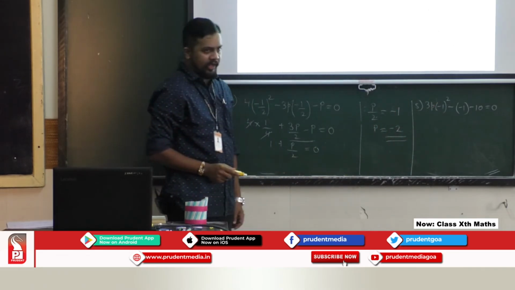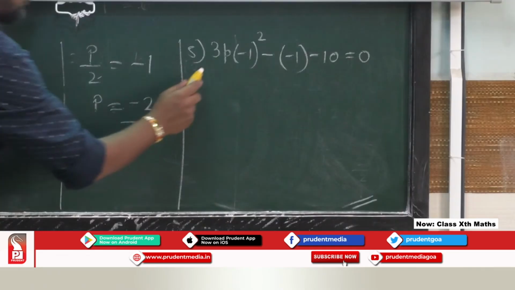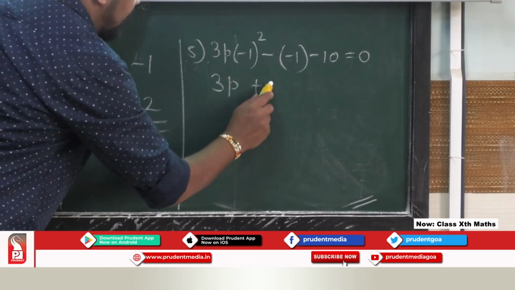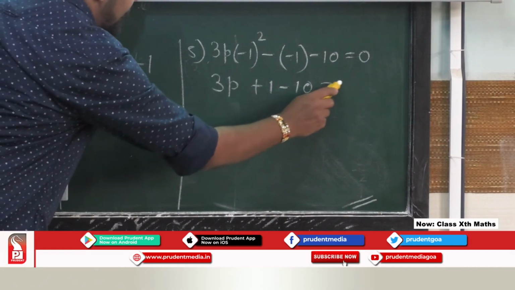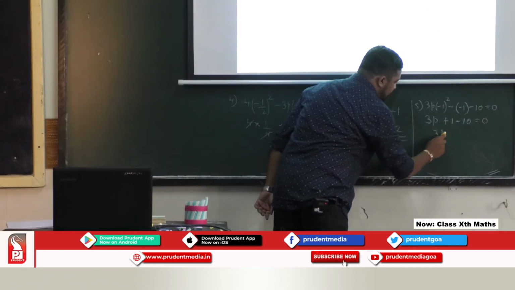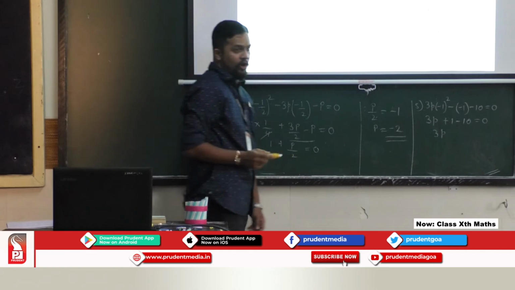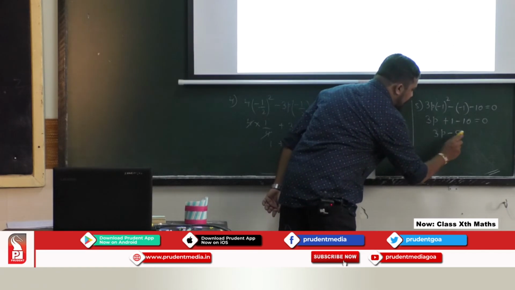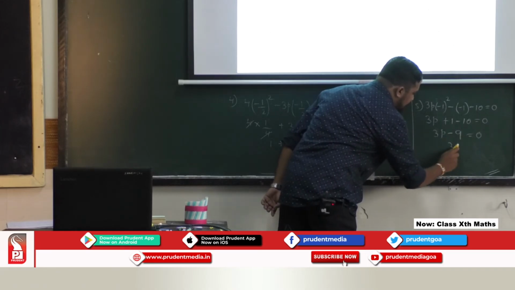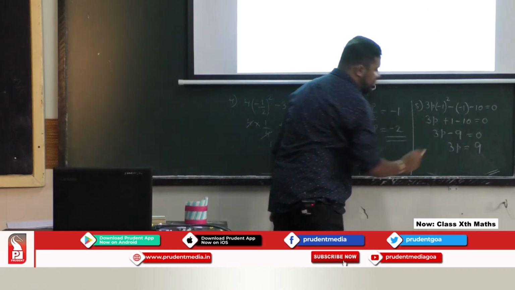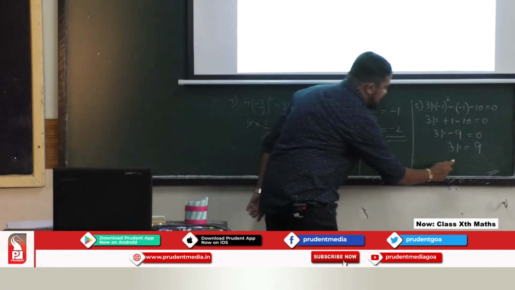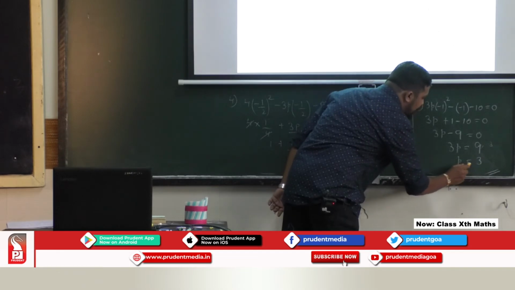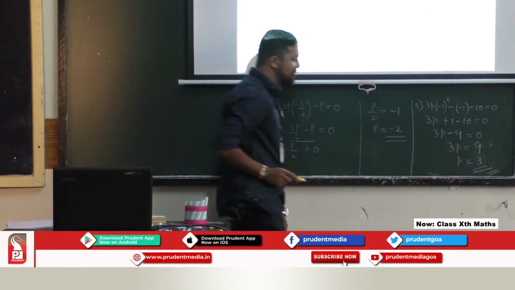Again, negative 1 the whole square is 1. So 3p into 1, 3p, minus into minus plus 3p, 1 minus 10 or 10 minus 1, that is 9, sign of the bigger number minus. Take the number 9 on the other side, become positive 9. So 3 table, I can cancel, 3 ones are 3, 3 threes are 9. So value of p is 3.